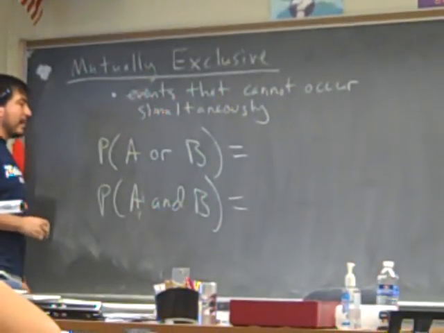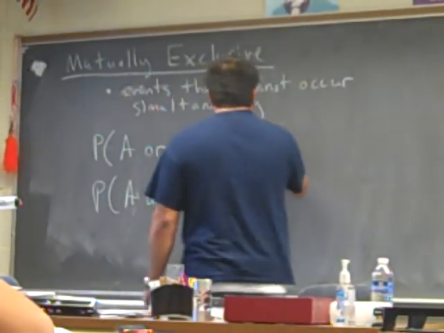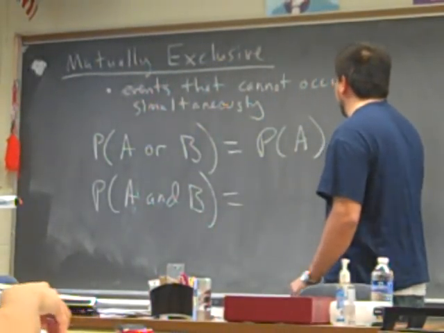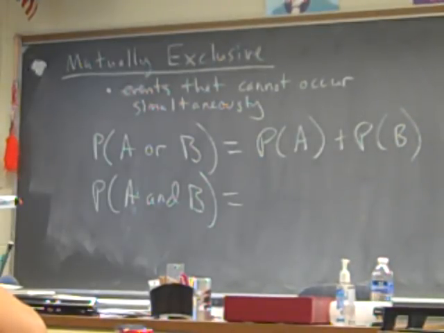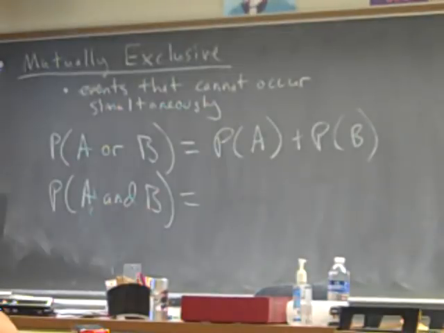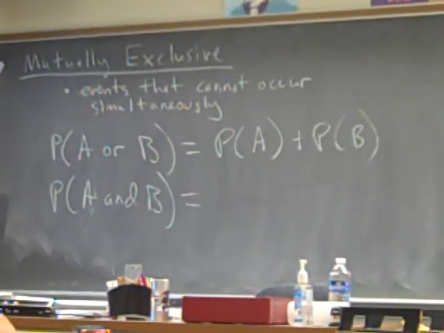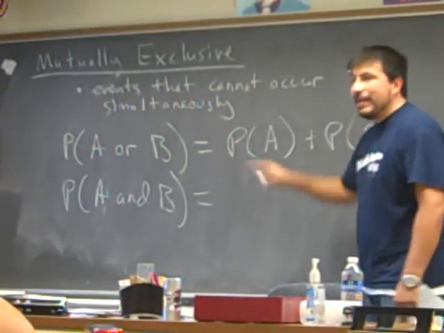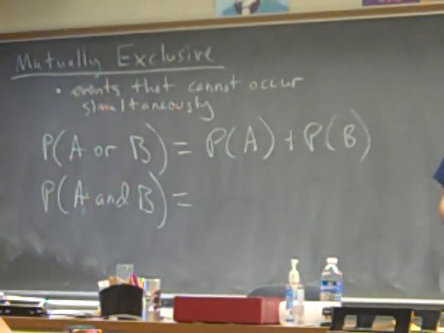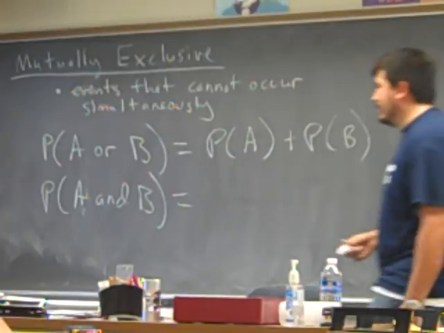If 2 events cannot occur simultaneously, well, I already gave you this one away. You just add the probability of each event. If they're mutually exclusive, and I'm telling you that it's impossible for A and B to happen at the same time, what's the probability of A and B?